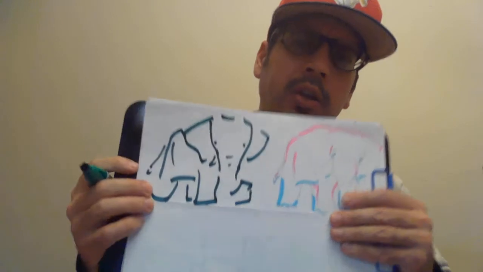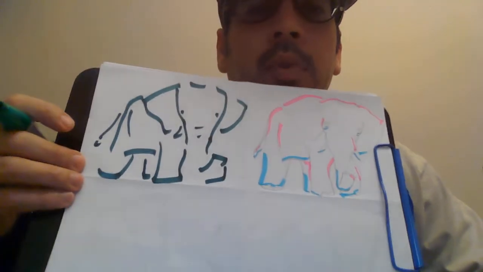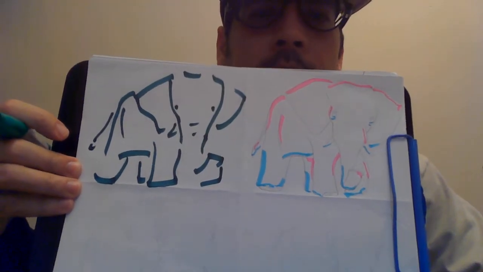Okay, and I just really simplified it. That's another way you can do it. Remember, you don't have to just copy the ways that I'm doing it. You can choose other ways.